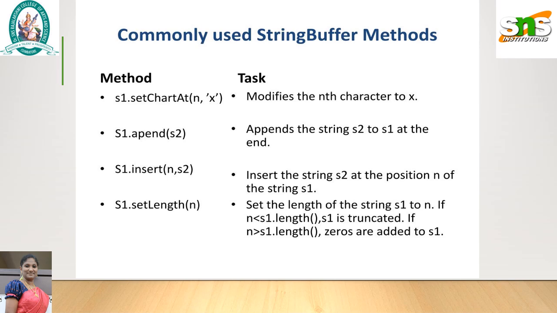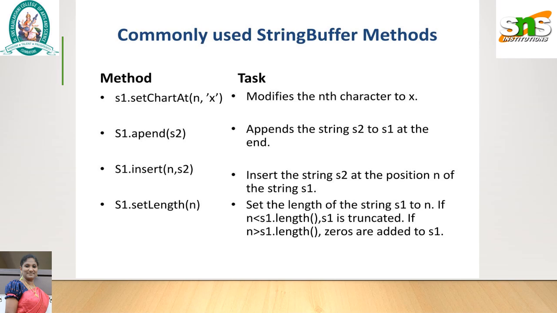The methods used in the StringBuffer class are setCharAt. It takes two arguments, n and a specified character. It modifies the nth character to the specified character. Append method is used to add a string at the end of the first string. Insert method takes two arguments: one is the specified position and the second is the string to be inserted.